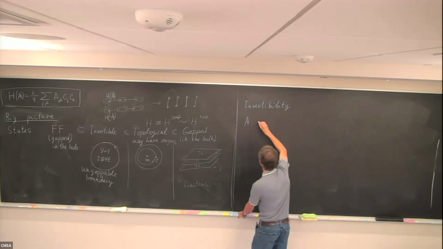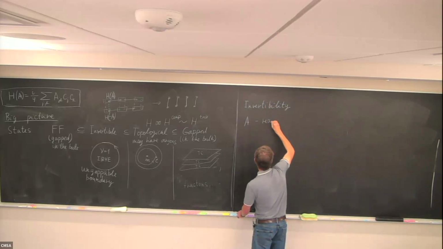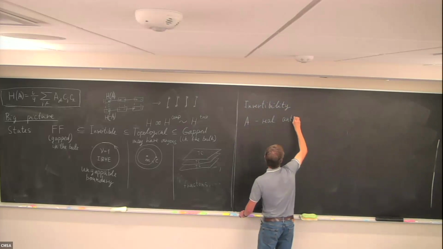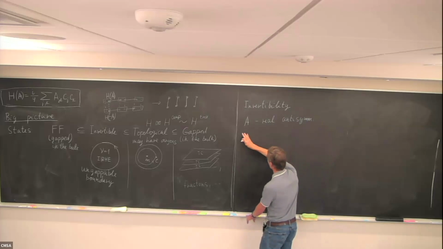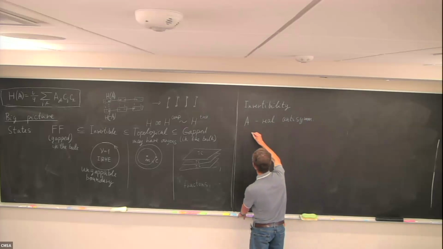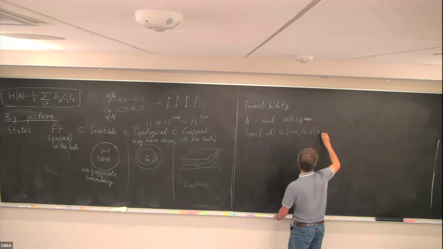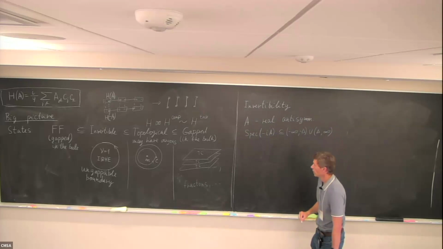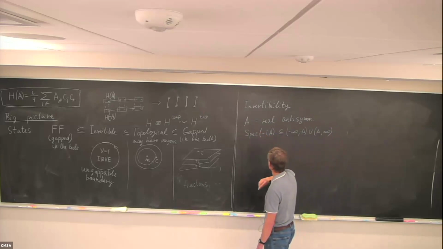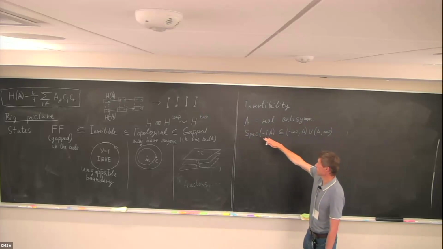Let's take a real antisymmetric matrix with an energy gap, which means the spectrum has a gap, and we'll work with the space of such matrices.